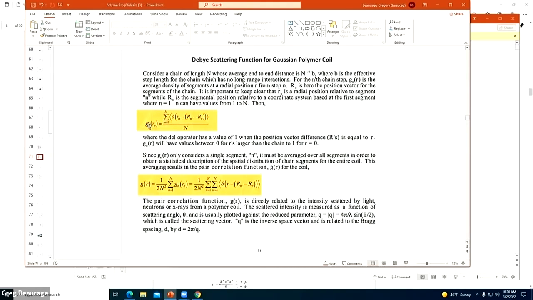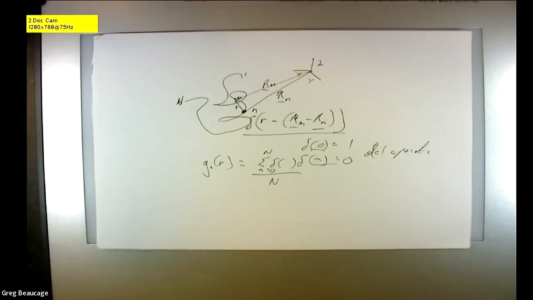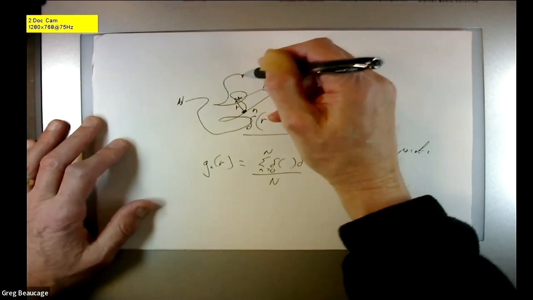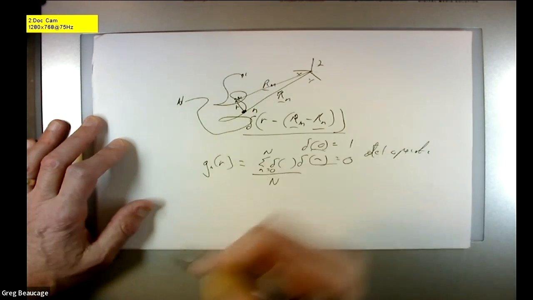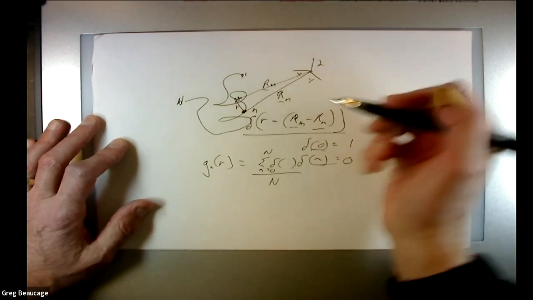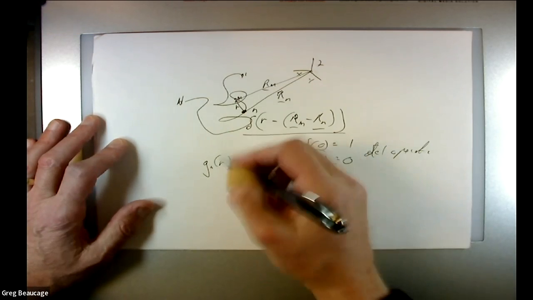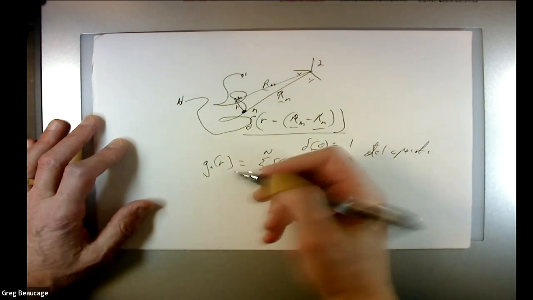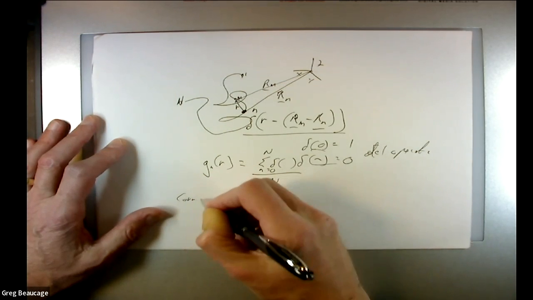Then, that would be just one point. It would be a different function if you started here than if you started there. So you want that averaged over the whole thing, to get what's called a correlation function.